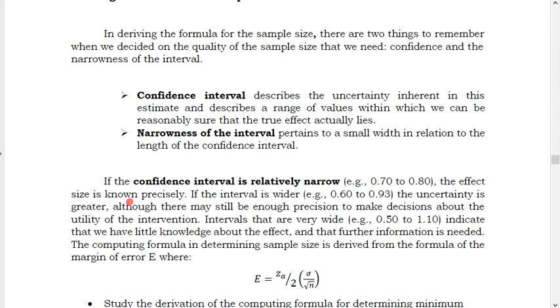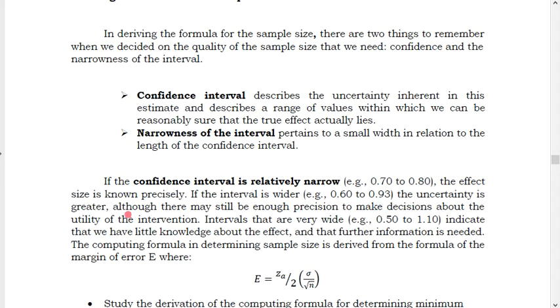The effect size is known precisely if the interval is narrow. Kapag wider, ito yung example mo, 0.6 to 0.93. Ibig sabihin, mas malaki yung haba ng range. Kasi wider yung interval or yung range.